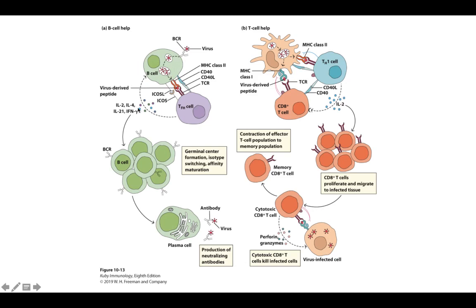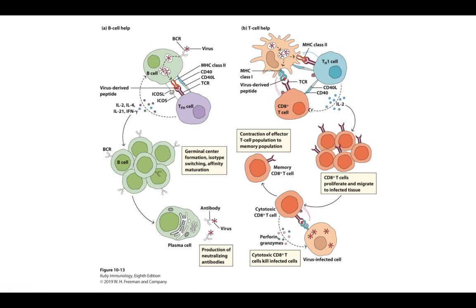These will help to influence this B cell to proliferate, so there'll be more B cells, also help it to switch which isotype it's making and go through affinity maturation, ultimately helping determine which type of antibody is made here.